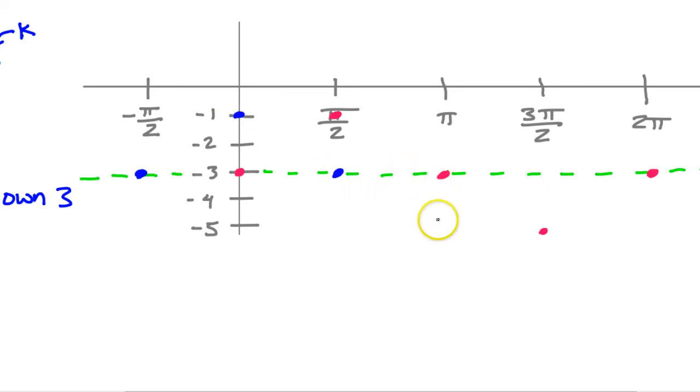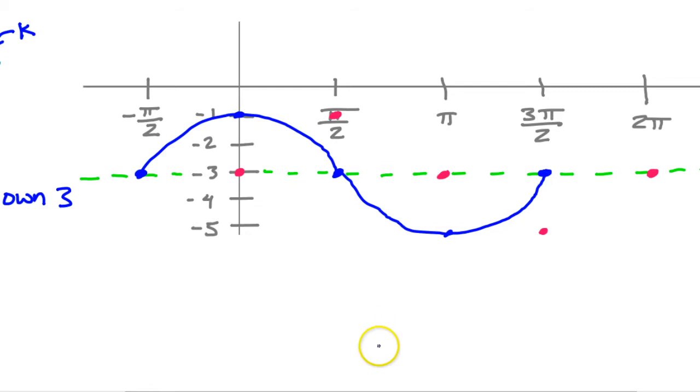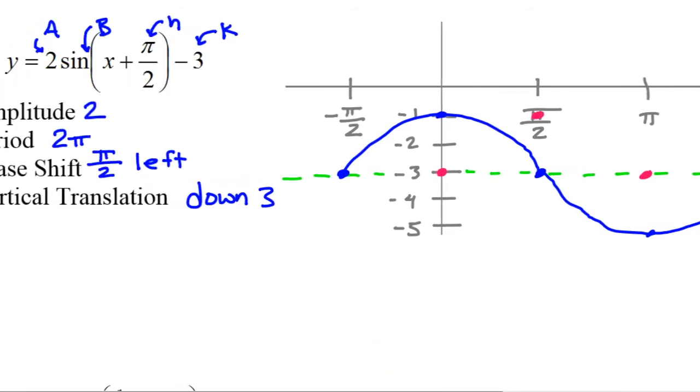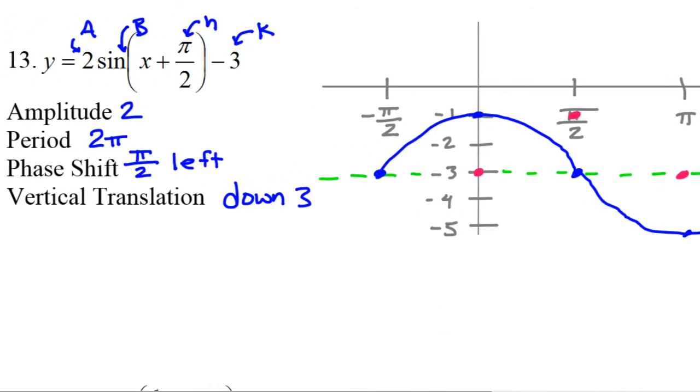Then I can go down to its lowest point and return to the midline. These blue points represent what the actual graph is going to look like. And that's it. That's what the graph should look like for number 13.